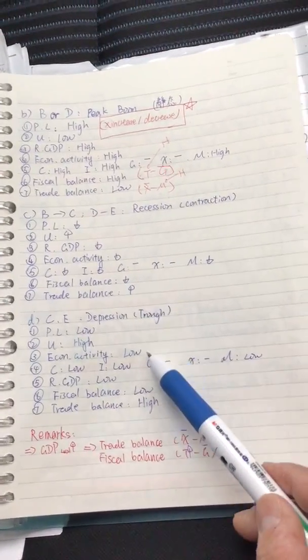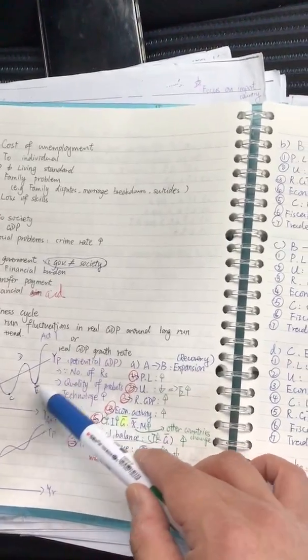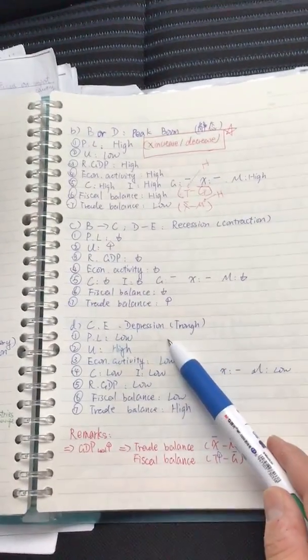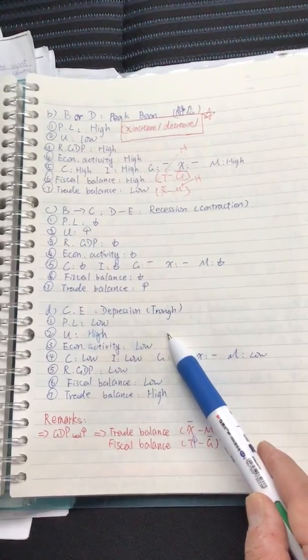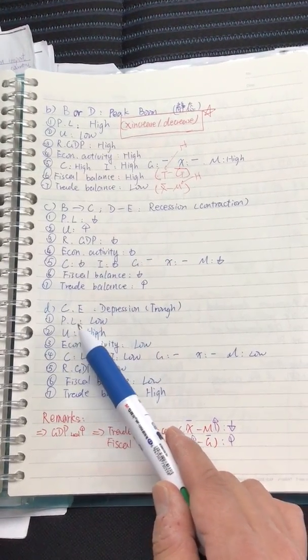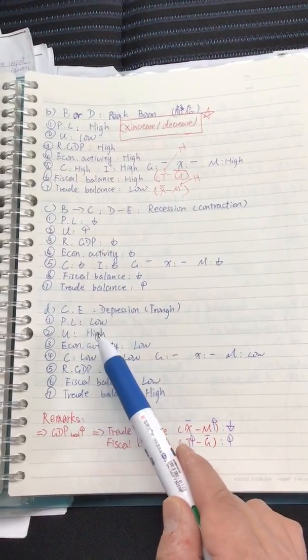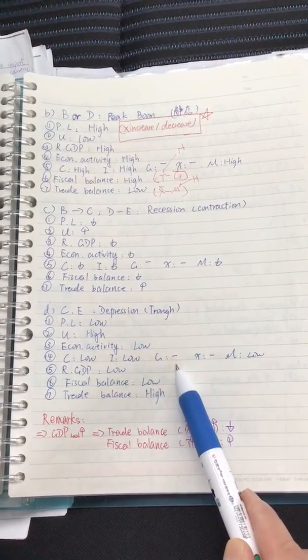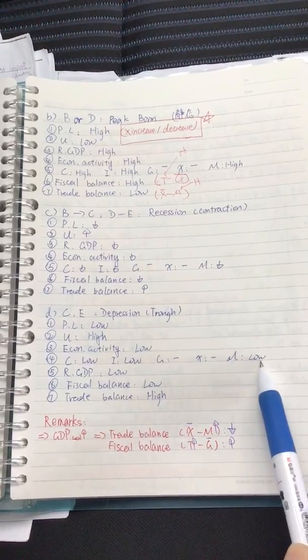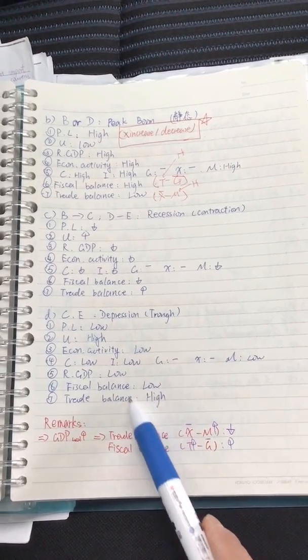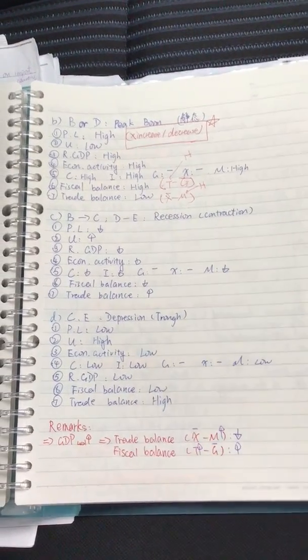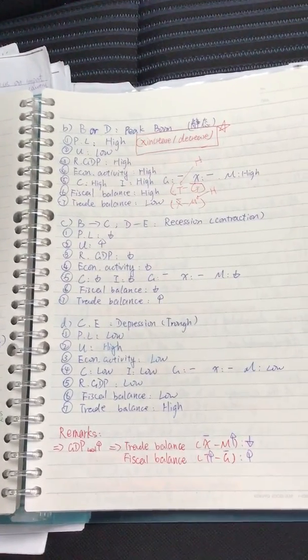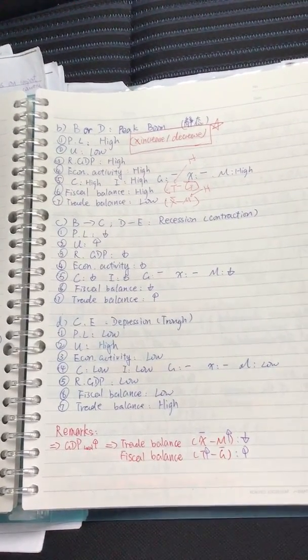All right, and last but not least is C and E. We call it depression or trough. So the price level is low, unemployment is high, economic activity low, G no change, M low. Similar logic, you can derive that the fiscal balance is low and the trade balance is high.